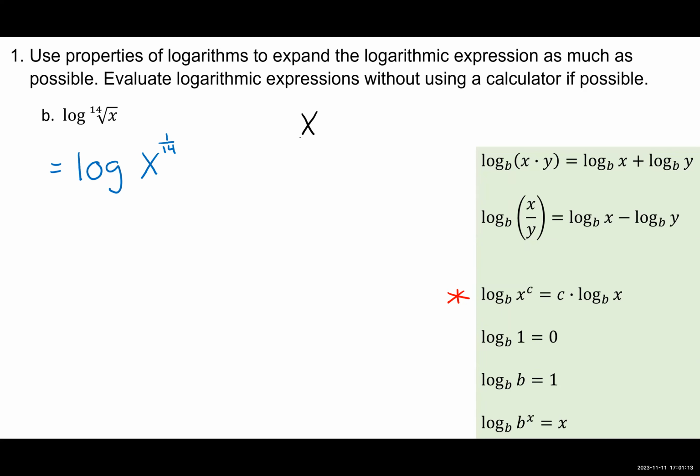I actually talked about this in the video right before this one. Square root of x is x to the 1/2 power. The third root of x is x to the 1/3 power. The fourth root of x is x to the 1/4 power, and so on.